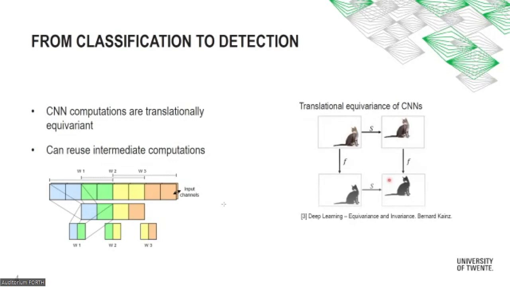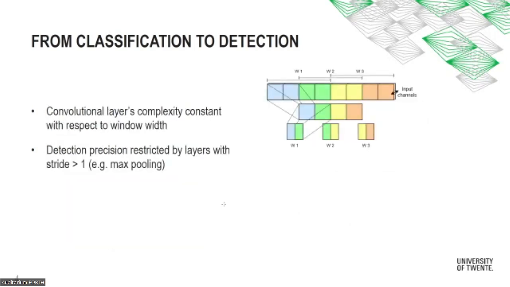So recomputing each of these features for different windows is unnecessary. Moreover, if we benefit from reusing all of our data, the complexity with respect to the window width that we use as input is nearly constant with the width of the input.